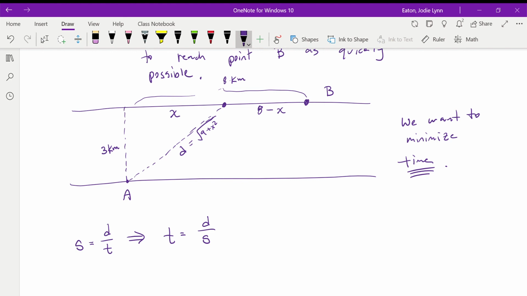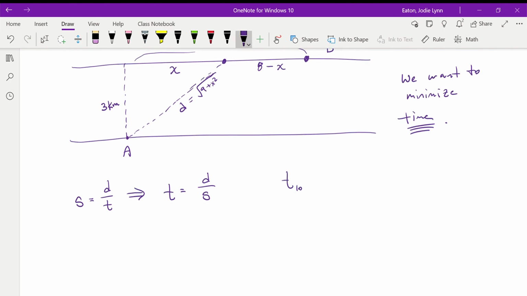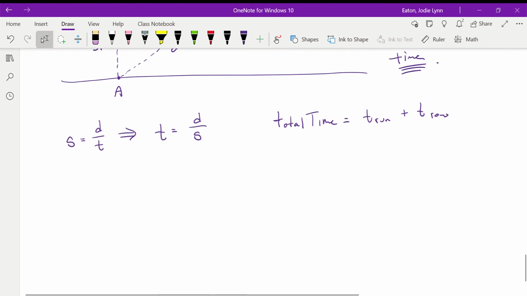Okay, so we have 2 different times that we're going to be looking at. So we're looking at our total time, and we want to write it all down in terms of x. Now we only have x variables now that we've gotten our d in terms of something else. Total time equals the time we run plus the time we row. Time just adds. Our time we run is equal to the distance we run divided by the speed we run.